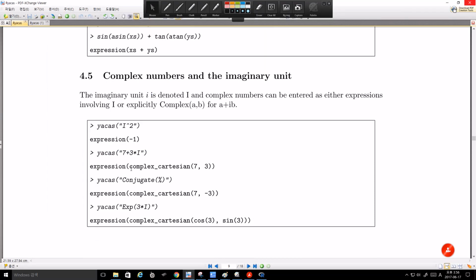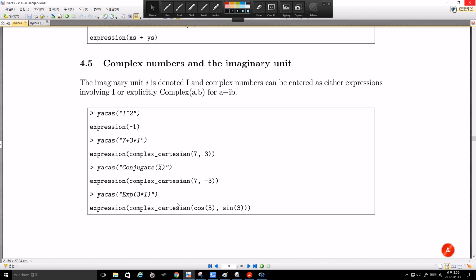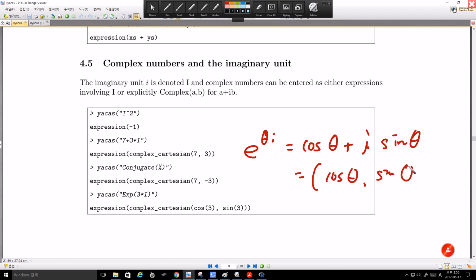And then conjugate. It calculates the conjugate, which is of course 7 minus 3i. And evaluate, express 3i and then complex, it is the Euler formula, right? Basically e to the i theta is cosine theta plus i sine theta, which is cosine theta and sine theta, right?